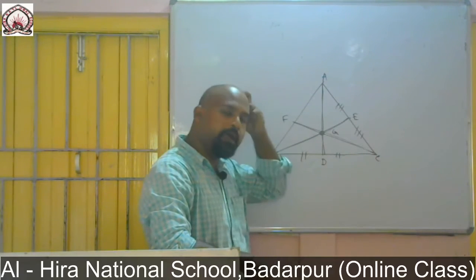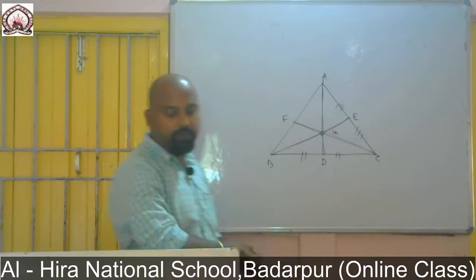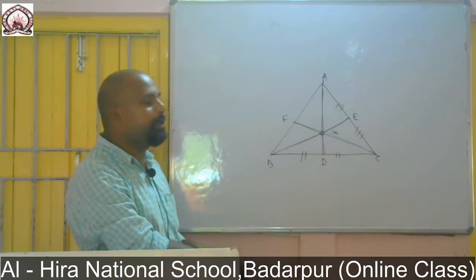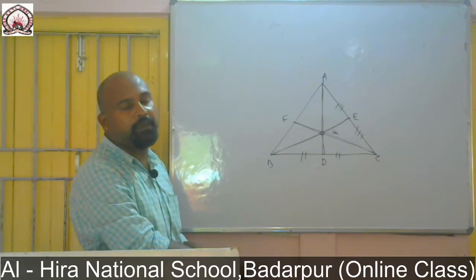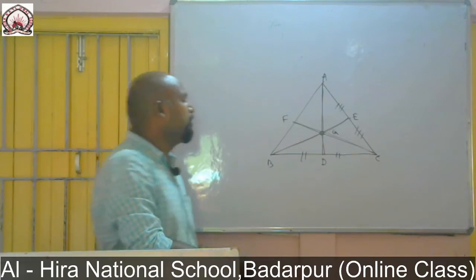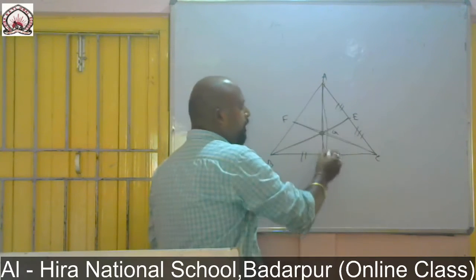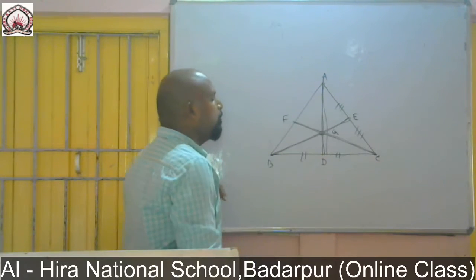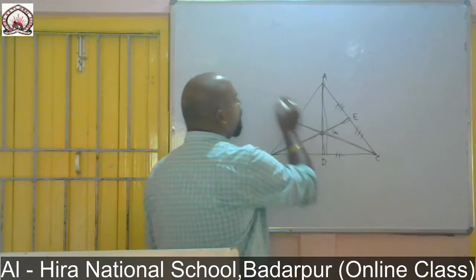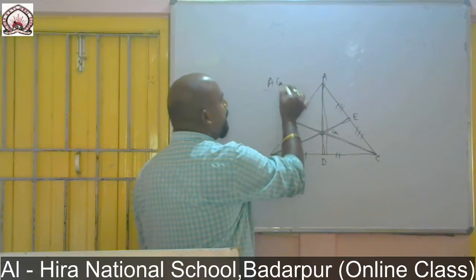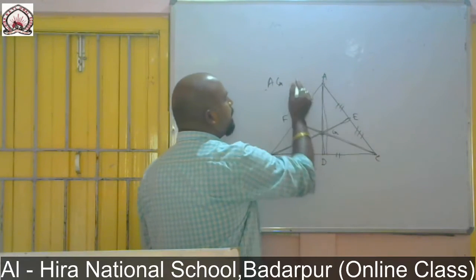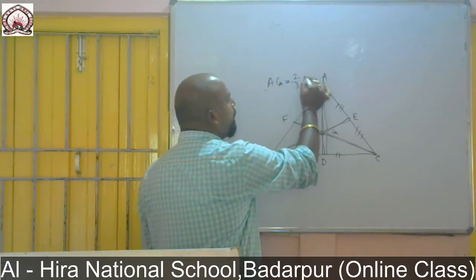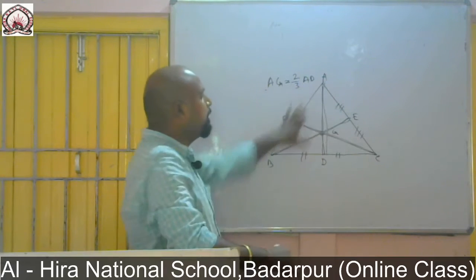Okay. In question number 8, they have given you that the lengths of the medians are equal. Means AD equal to BE equal to CF. Now we know that the length of AG is equal to 2 by 3 of AD.